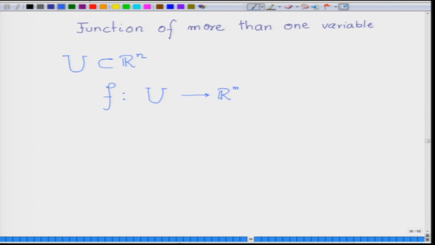So, this is the most natural form of a function in higher dimension, and this is what is called a vector valued function.